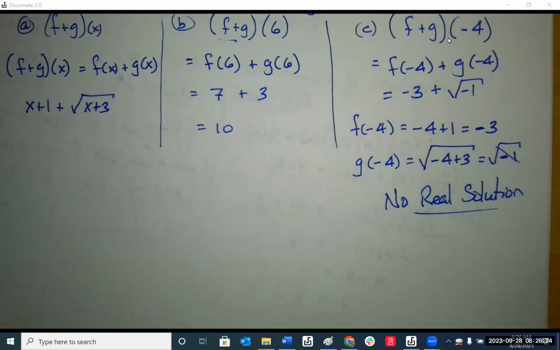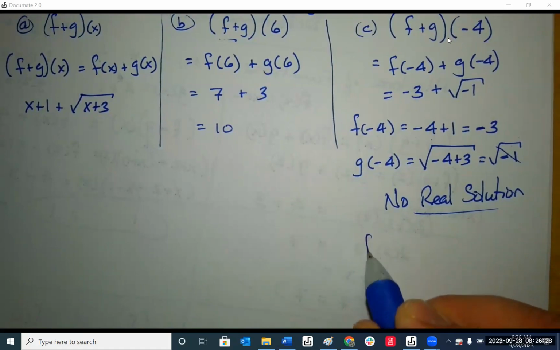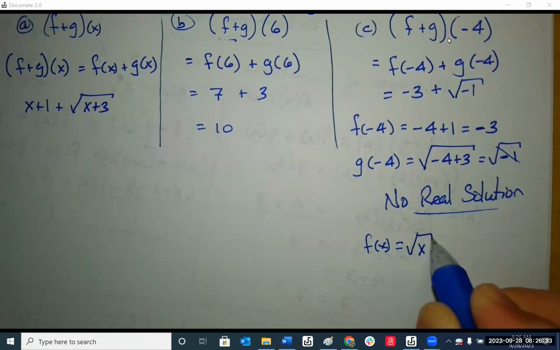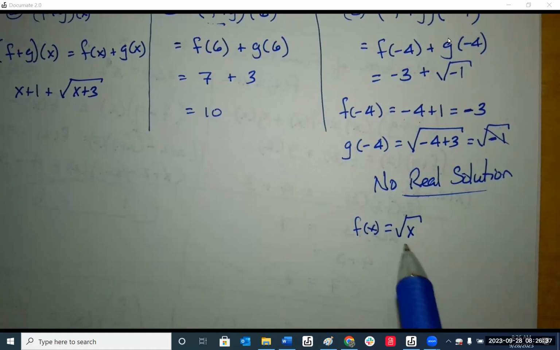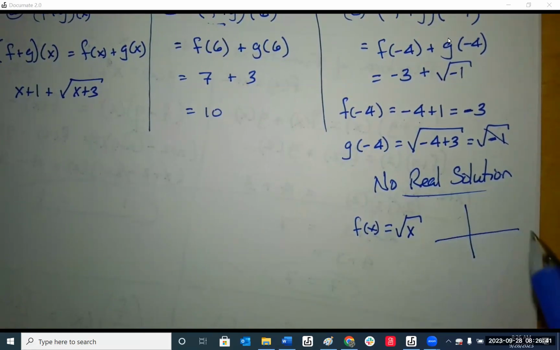On the table, the library of functions, we have one of our squares that has this in it. What's the graph of the square root of x? Off your library of functions table.